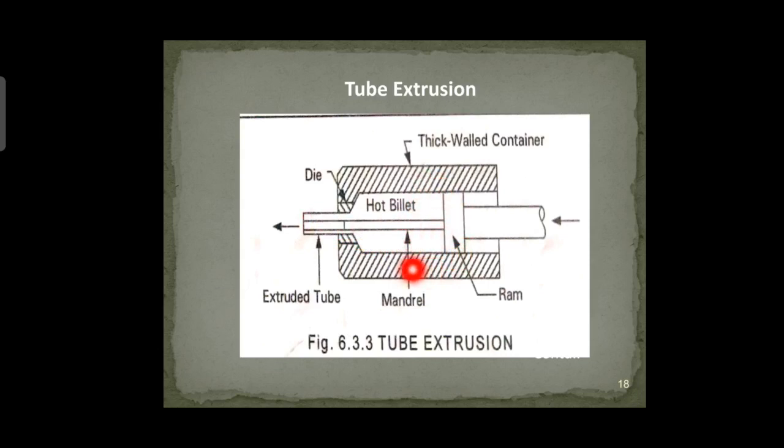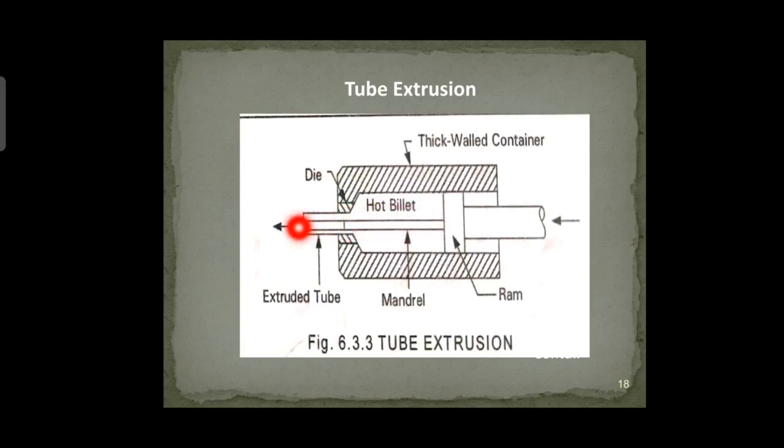What is the extra element included in this? That is the mandrel. The mandrel is integrated with the ram. At one end of the ram, there is a very long mandrel, just like a metal part, that is projected into the die.